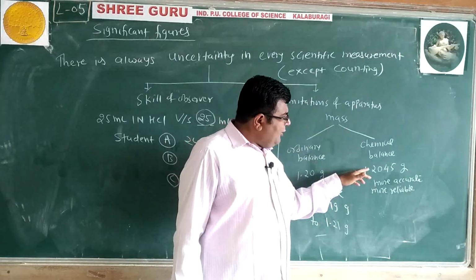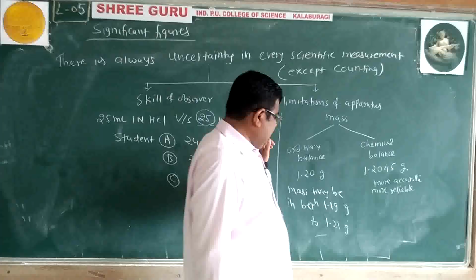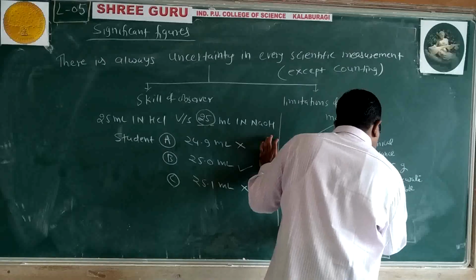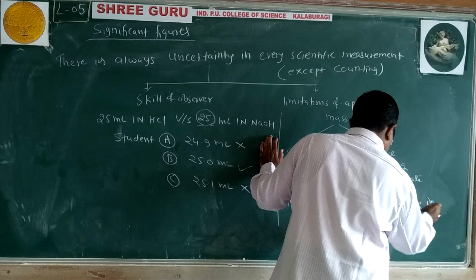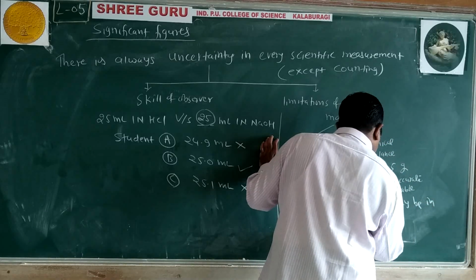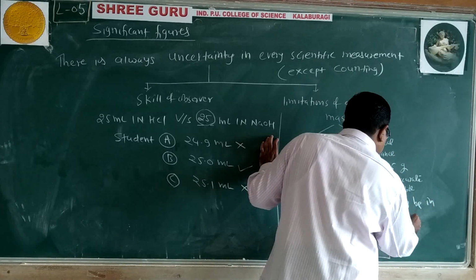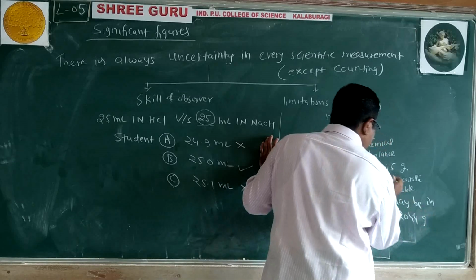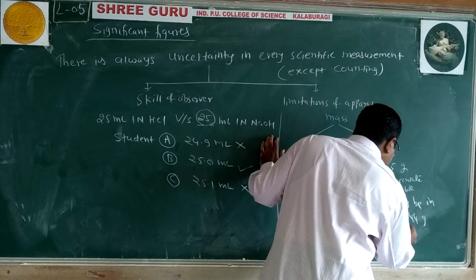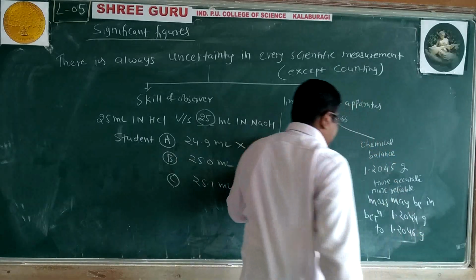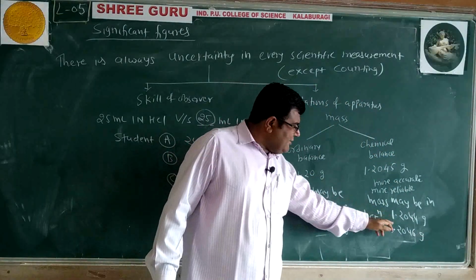If you get 1.2045 gram, it means the mass may be in between 1.2044 gram to 1.2046 gram. So it is in between that.